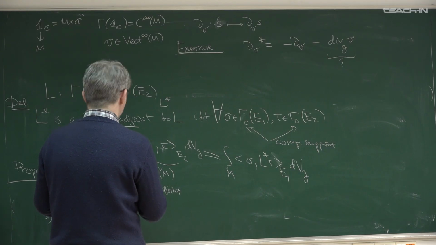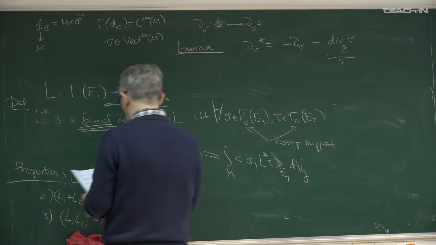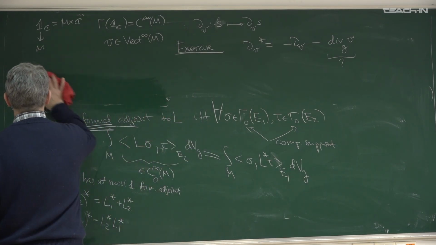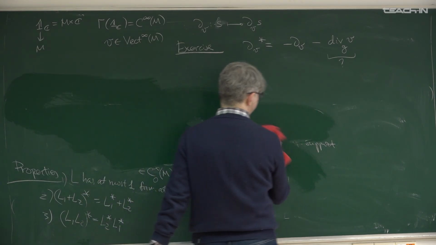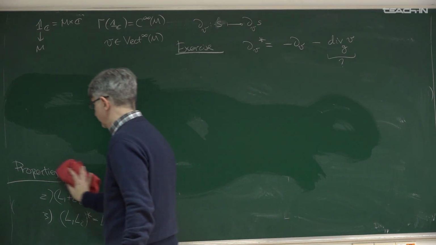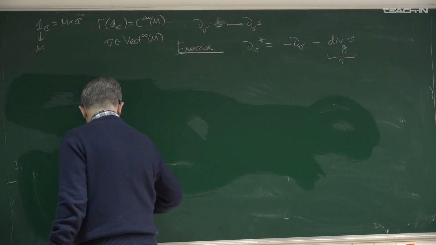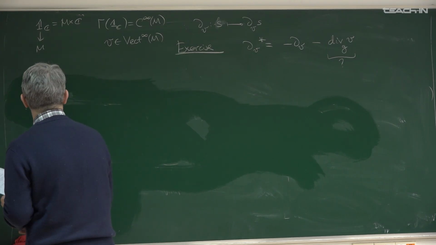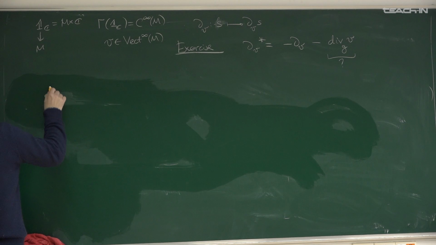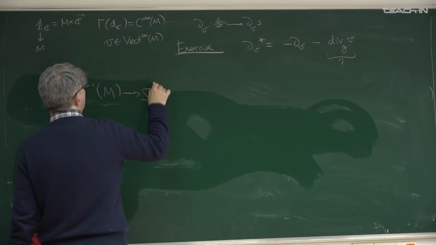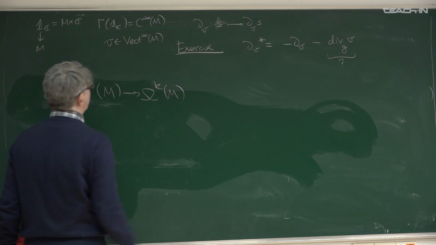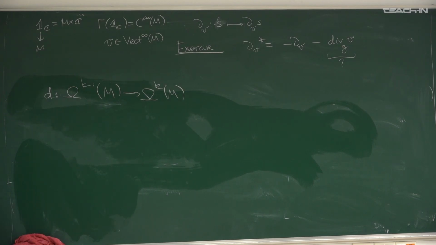Okay. So this, yes. Let us calculate another exercise, but more interesting maybe. We have the differential operator d which sends k minus 1 forms on the manifold M to k forms on M: the exterior derivative.